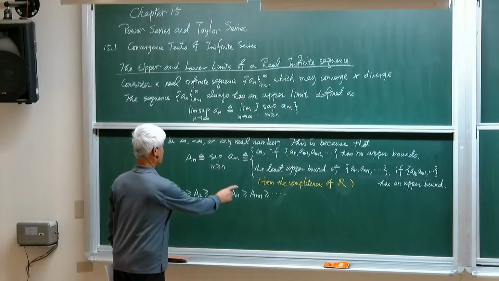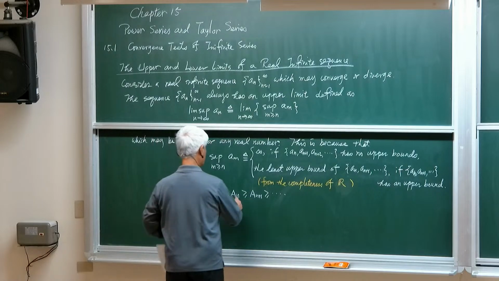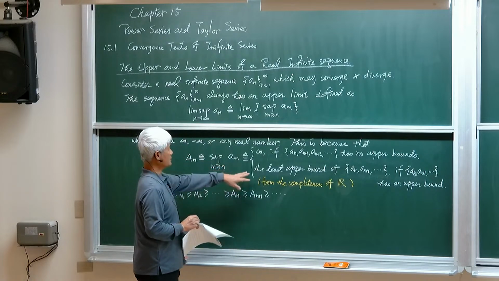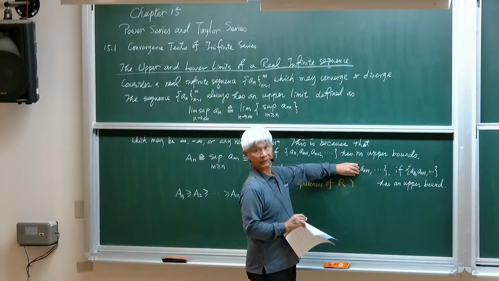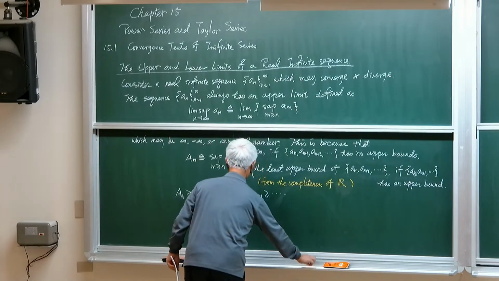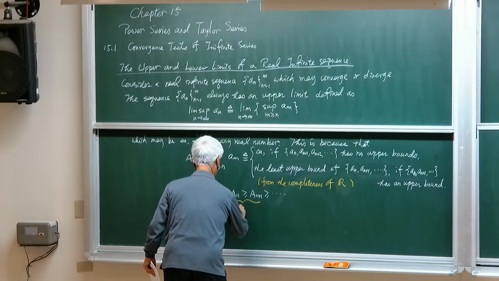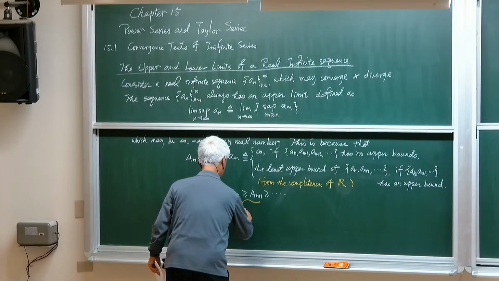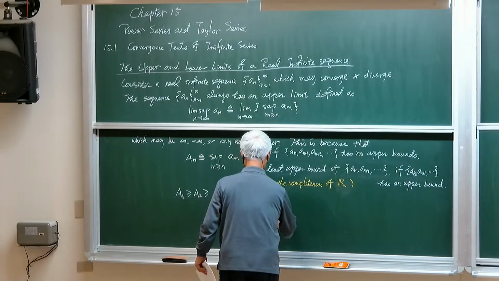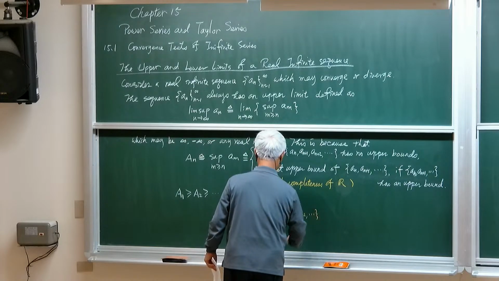The reason is that A_n plus 1 is the upper bound of the set from a_n plus 1, and the set for A_n contains a_n plus 1, a_n plus 2 and so on.